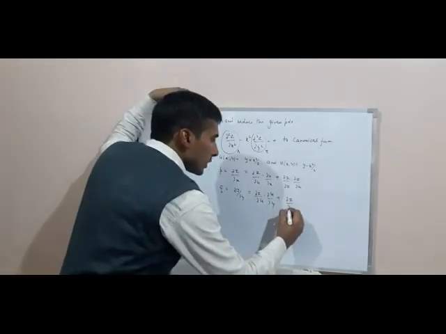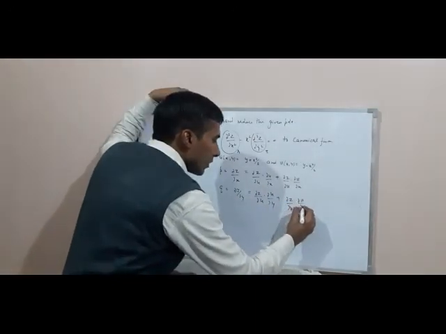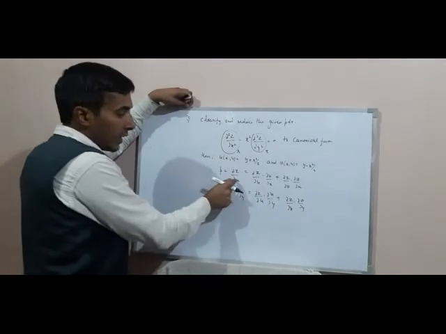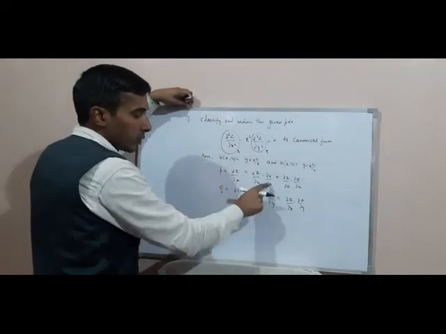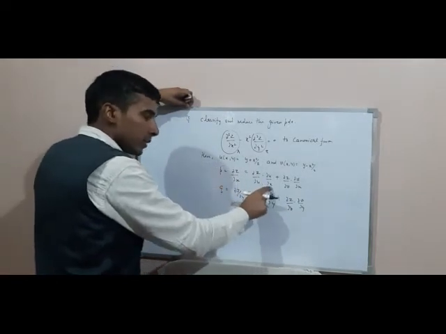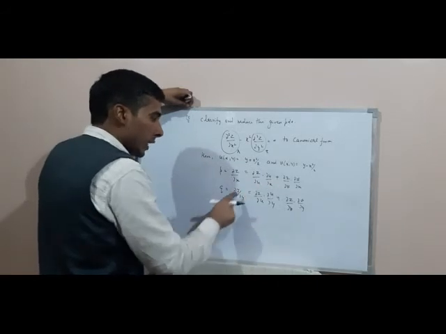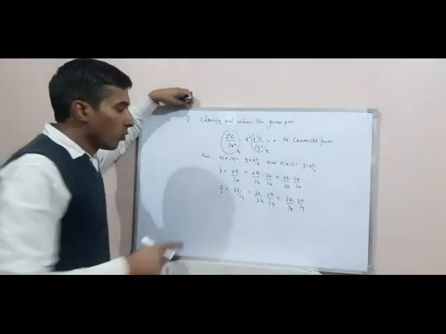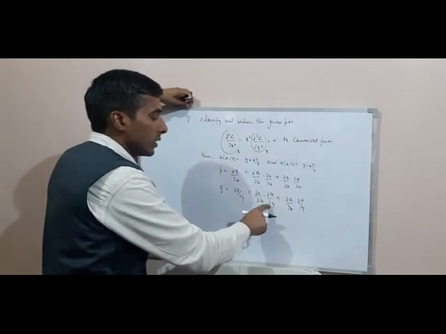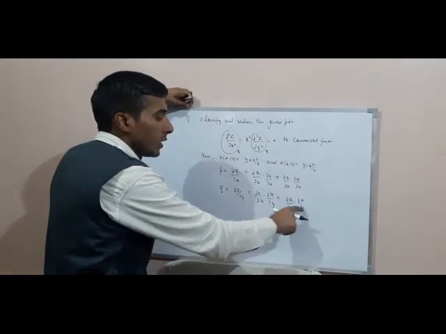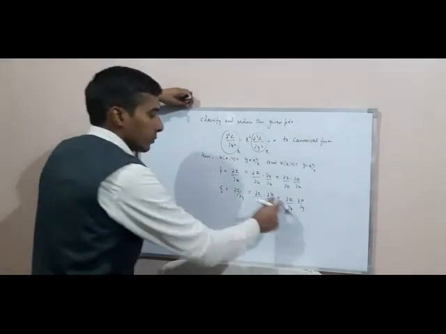So this is ∂z/∂v times ∂v/∂y. The difference here is that the partial derivative is with respect to x, so in the denominator we use the symbol ∂x, and here the partial derivative is with respect to y, so we take the partial symbol ∂y in both the terms.